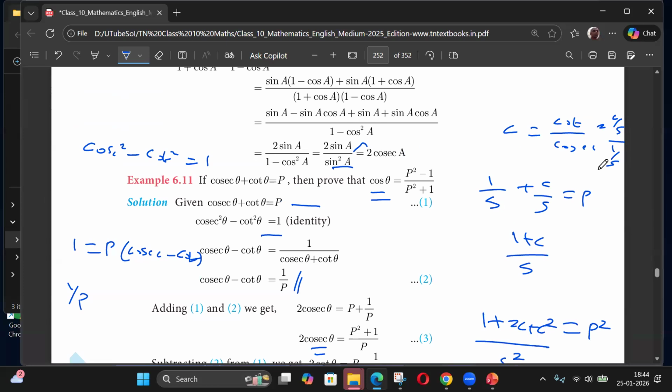So if you know cot and cosecant, I can solve this one. Cosecant plus cot is given, so I can get cosecant minus cot, the other one, 1 by p. So now I have two equations, so I can solve for cosecant and cot. Once I know cosecant and cot, if I take the ratio, I'll get cos.